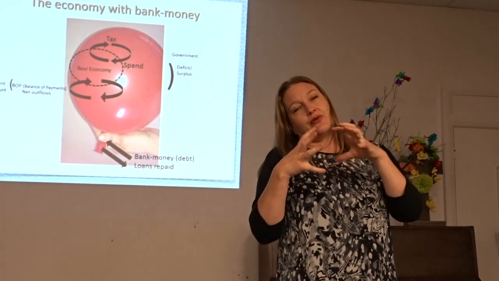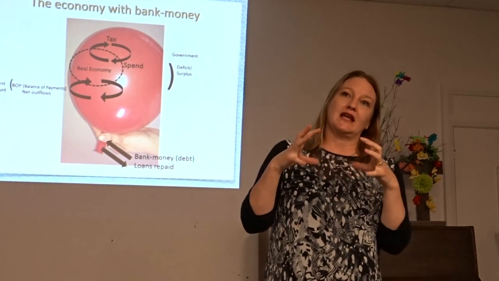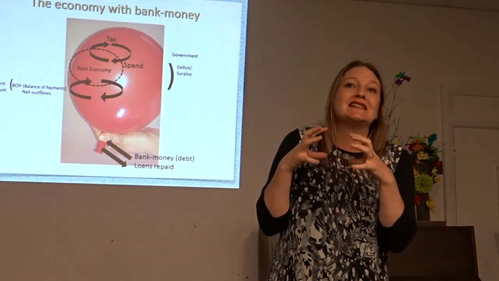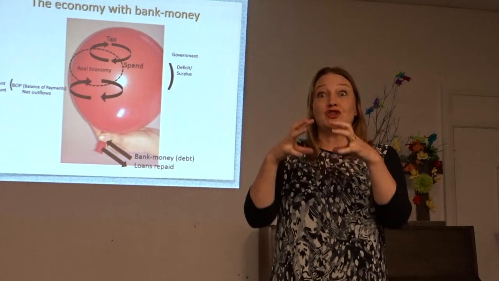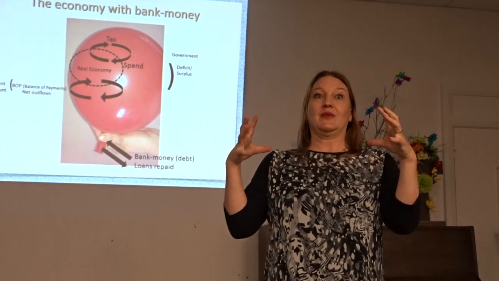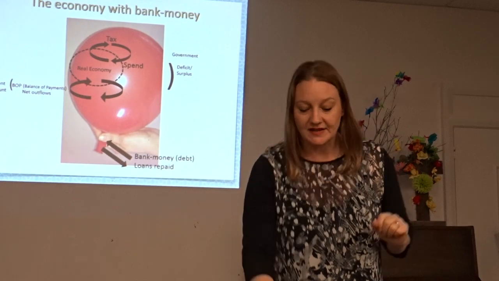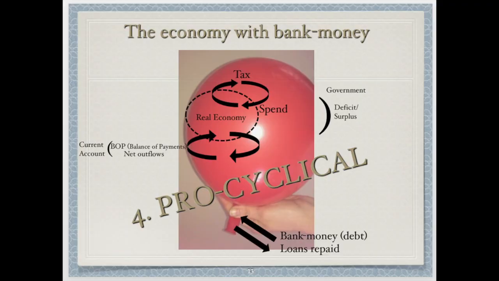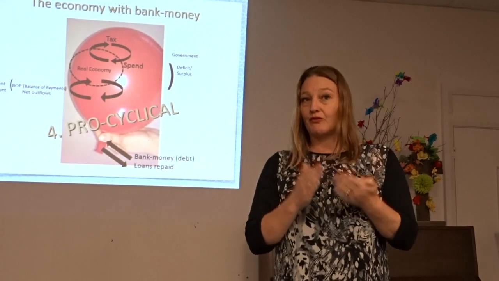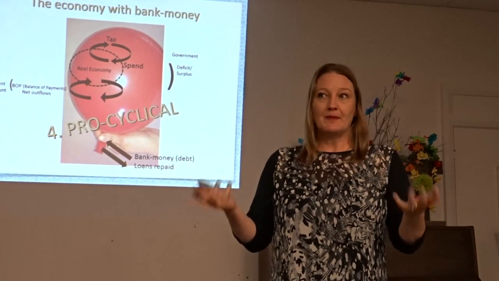This is called being pro-cyclical. The banks don't want to lend when money's needed, but when we're doing really well, the banks are really happy to lend, so we've got all this money being inflated. So another key part of the system is a pro-cyclical money system rather than a self-balancing monetary system.